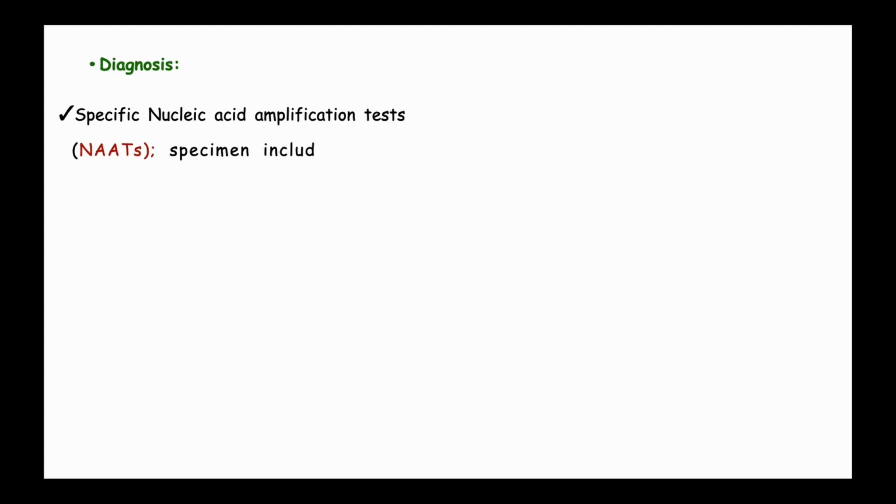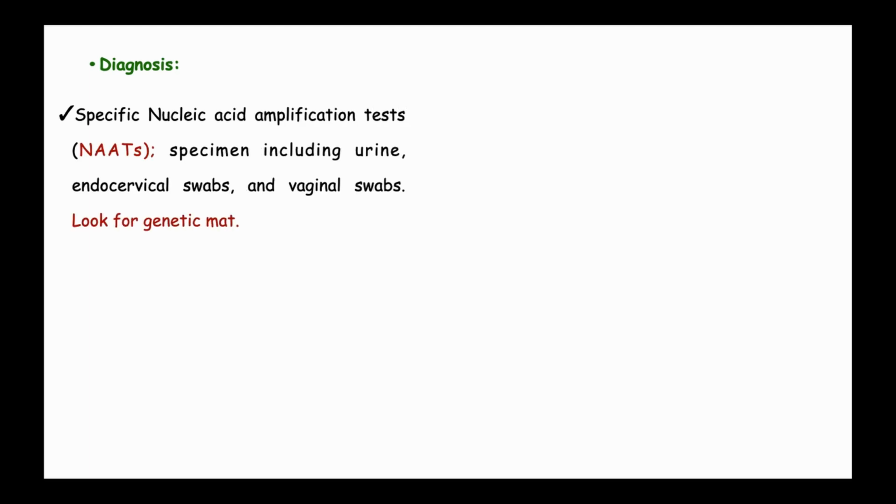Now, how do we diagnose gonorrhea? We use a specific nucleic acid amplification test, and we use it because it is highly sensitive and specific, and it also provides increased female specimen testing options.